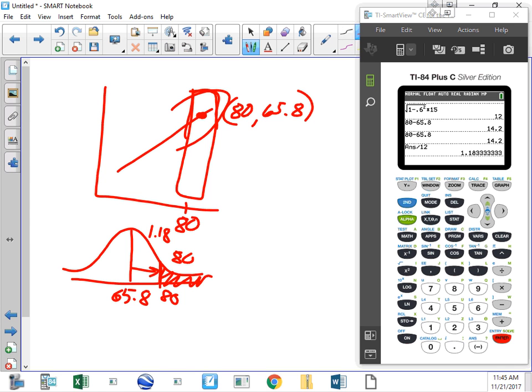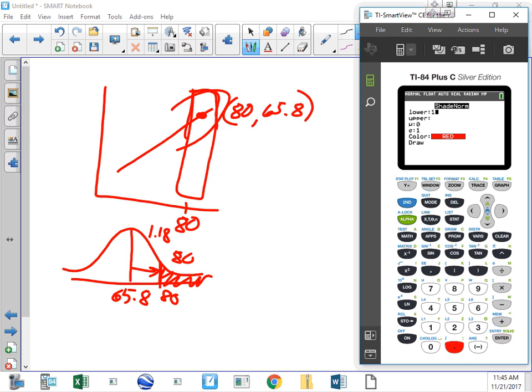Now I can shade the normal curve. So I want to go from 1.18 up to 5.